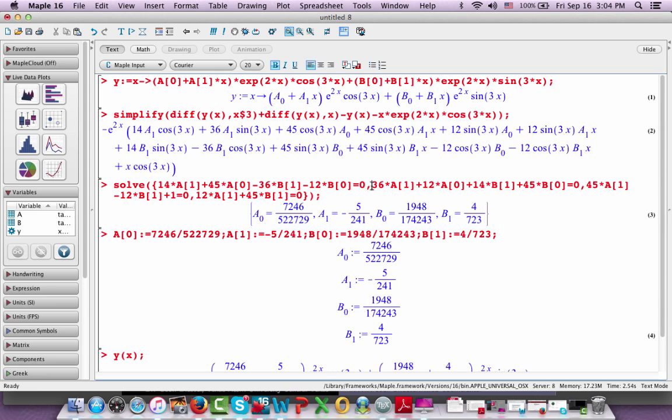So I separate it with a comma. And I put that equation in. Again, I'm just putting those coefficients together. And then those have to add to 0. And then I go through and look for the terms that are x times cosine of 3x. In this case, there's 3 because I remember I subtracted that once.